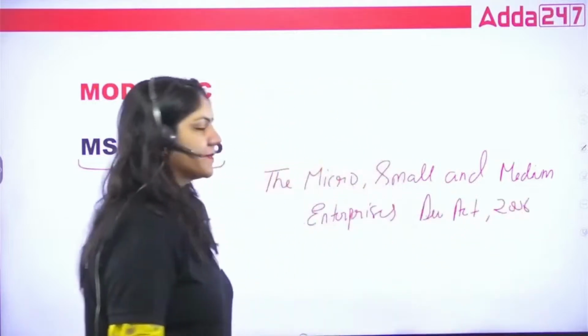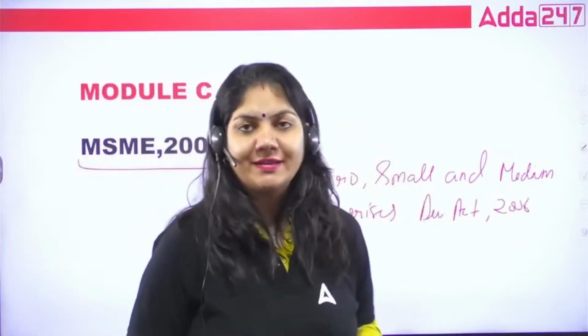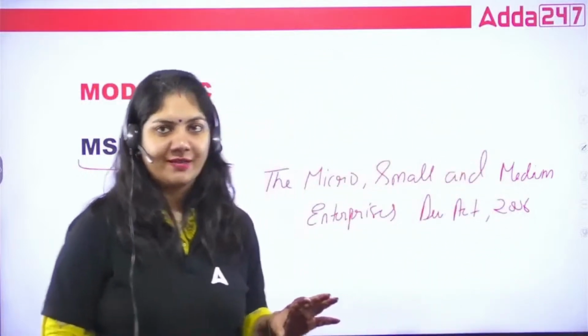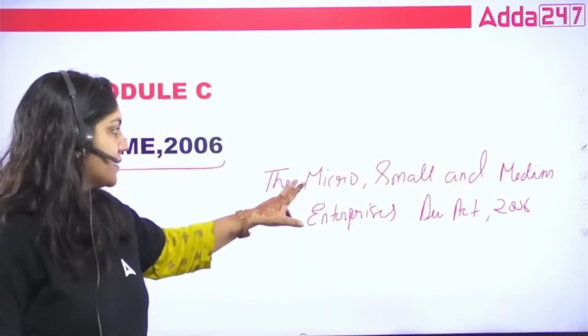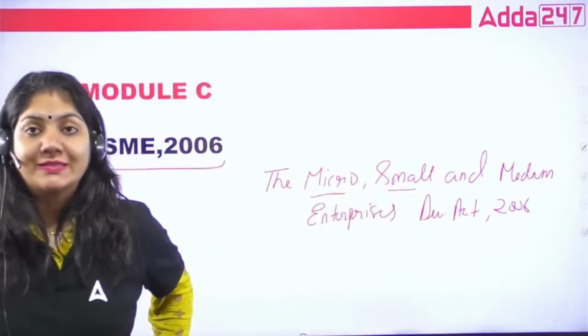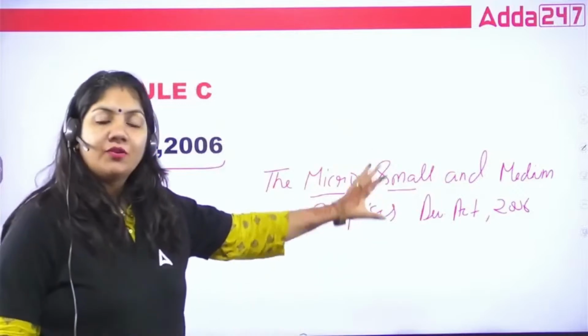So this act is basically, suppose if we just talk about the rural areas, in the rural areas the people are also very much talented, but there's a need of encouragement, right? So this Micro, Small and Medium Enterprise Act 2006, that is basically what we have to do for the development.